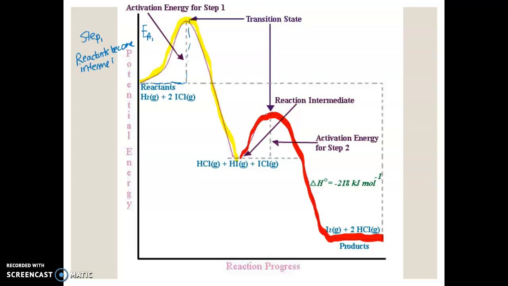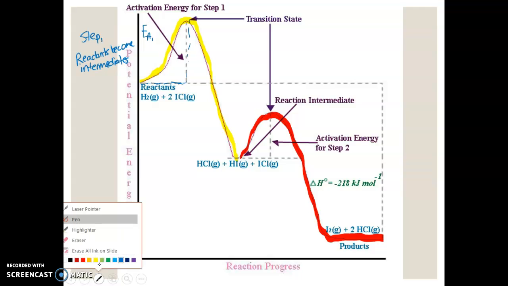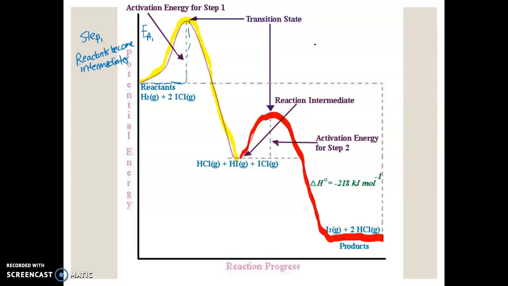The reason why I know that is because my reactants that are given in this reaction are the hydrogen and the ICl, so my overall reaction is H2 plus 2 ICl, and then my products down here, I have I2 and 2 HCl.